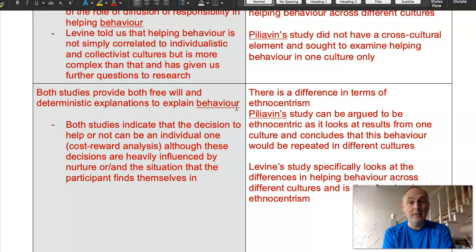So irrespective of the nurture that people have had, they will still either decide to help or not, and that will be an individual explanation again, I suppose, and you could say that there is a degree of free will involved in that. I hope that makes a bit of sense.